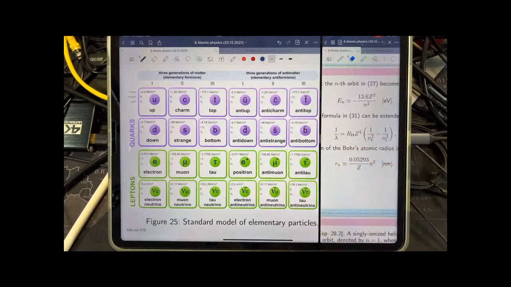Electron is a kind of lepton, and physicists have found something like electron. It's called muon. Okay, muon is denoted by the letter mu. Muon is bigger than electron.